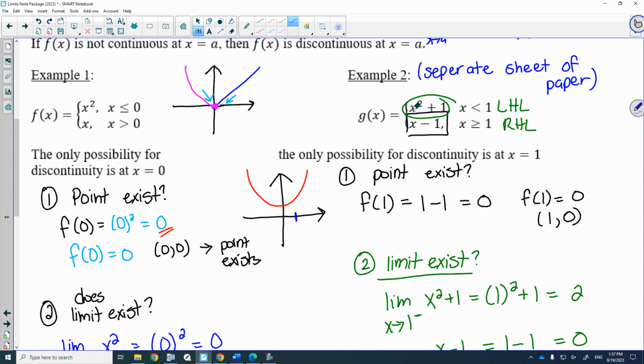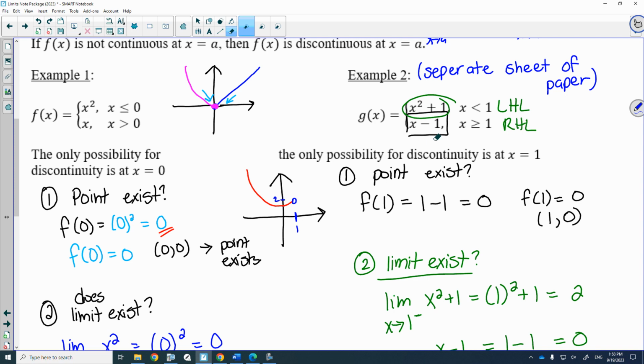It'd be 2, because 1 squared is 1, plus 1 is 2. So this would be 2, and I only want the left of 1. So basically what I want is an open circle here, and that would be my parabola.